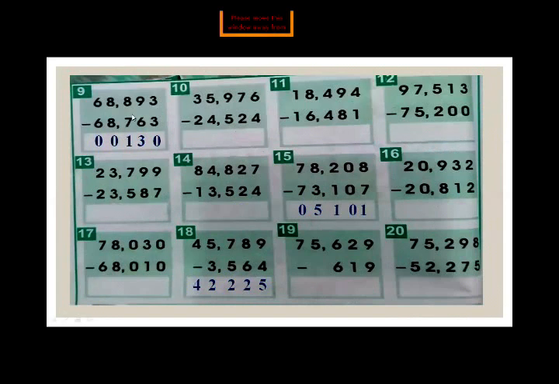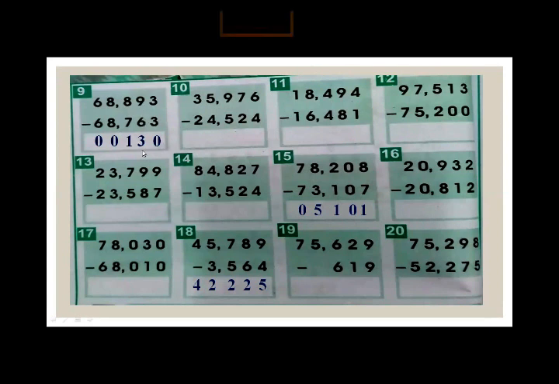Question number 9, no need of borrow. 5-digit subtraction. 68,893 subtracted from 68,763. Starting from the units place, 3 minus 3, 0. 9 minus 6, 9 is greater than 6.